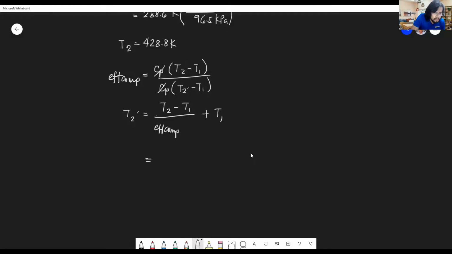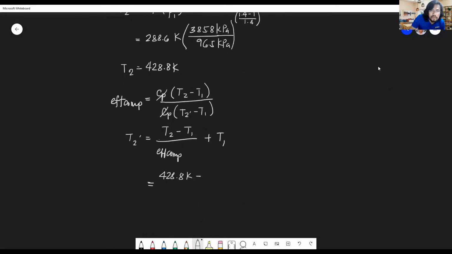You can actually check this in the chart, but we're not going to use that. So we have T2 minus T1. T2 is 428.8 Kelvin minus T1, 288.6, over the efficiency, which is 0.